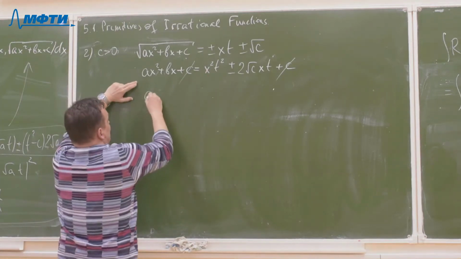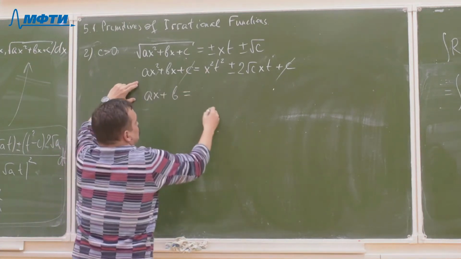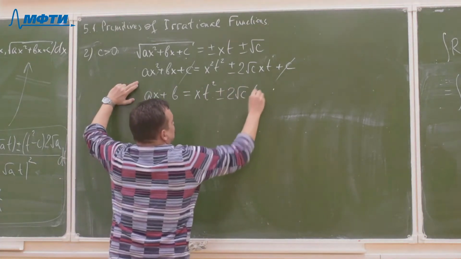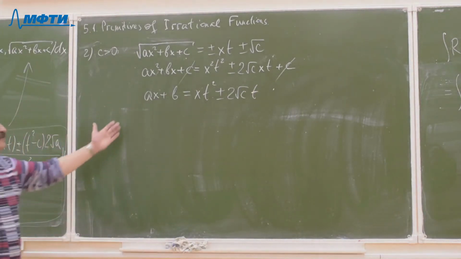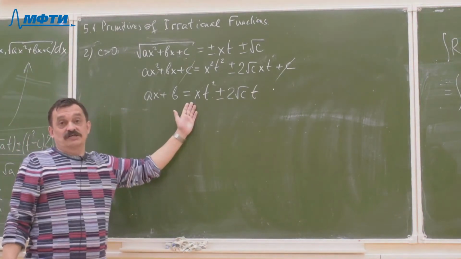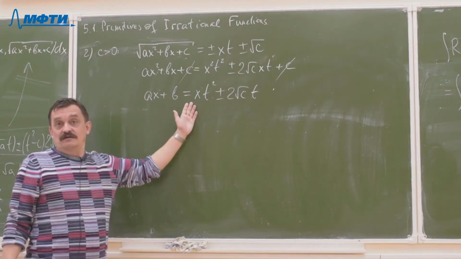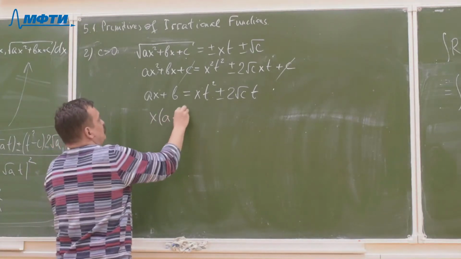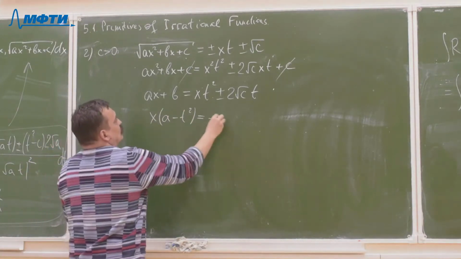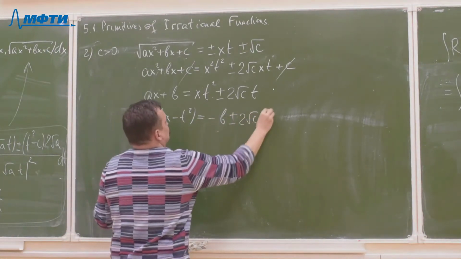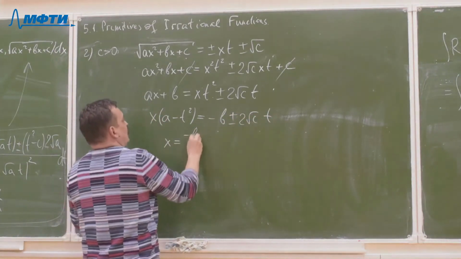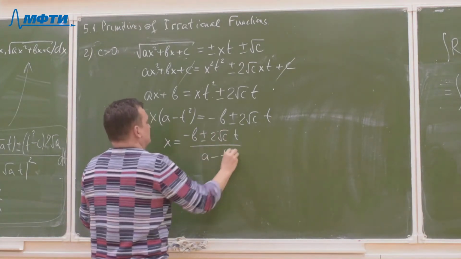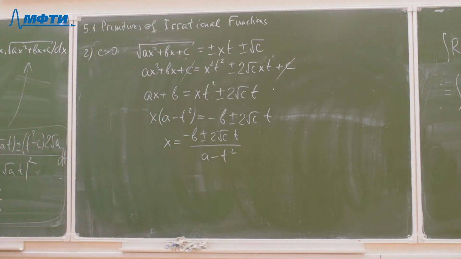And it gives ax plus b equals xt squared plus or minus 2 square root of c t. And you see only first degrees of x appear, no larger degrees, and we can express x. So x times (a minus t squared) equals minus b plus or minus 2 square root of c t. x equals (minus b plus or minus 2 square root of c t) over (a minus t squared). That is an expression for x.